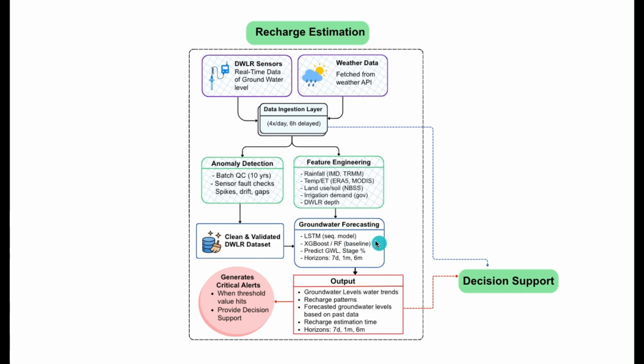The expected outcomes are groundwater level trends, which are given by the LSTM model, and recharge patterns, then forecasting of groundwater level based on past data, which is done with XGBoost.